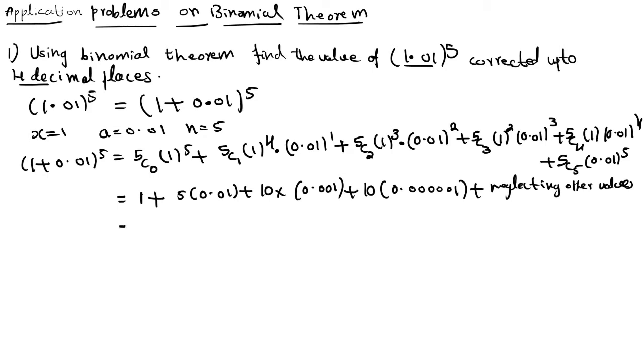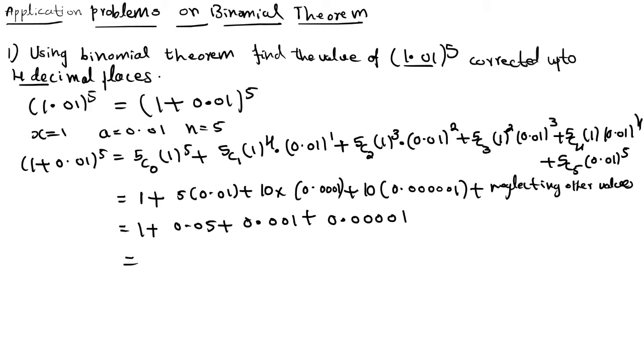Now see, it's equal to 1 plus 5 into 0.01 is 0.05, plus 10 into 0.0001, it's equal to 0.001. You need to put the decimal one place forward. Otherwise you can use a calculator also.